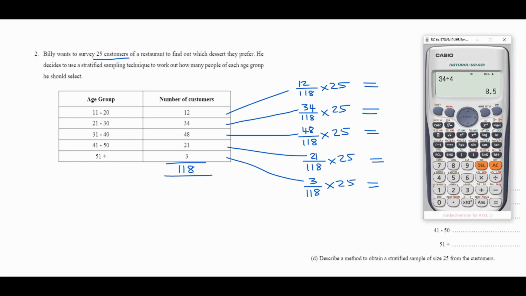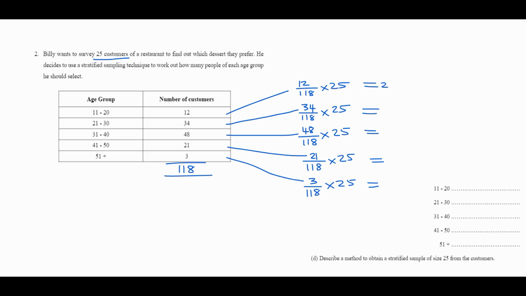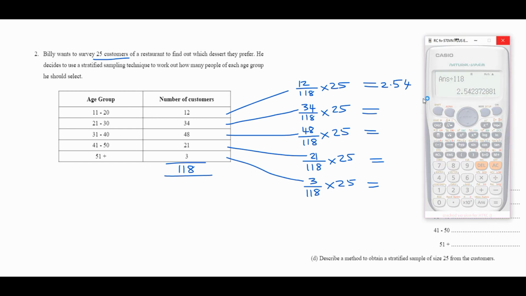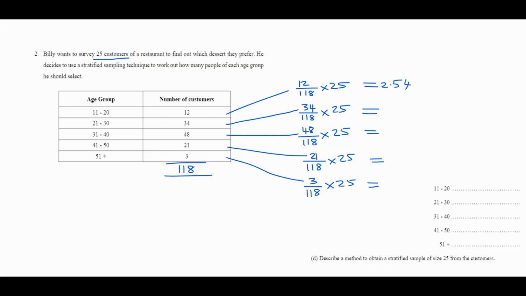Let me quickly press the calculator. So 12 times 25, answer divided by 118. So the answer is 2.54. I write the 2.54 only. The next one, let's quickly open my calculator.